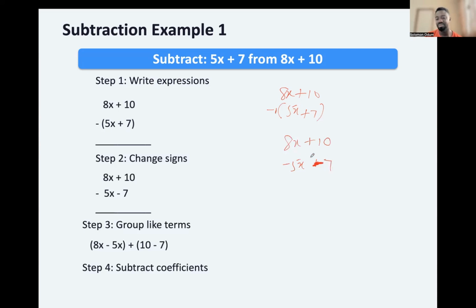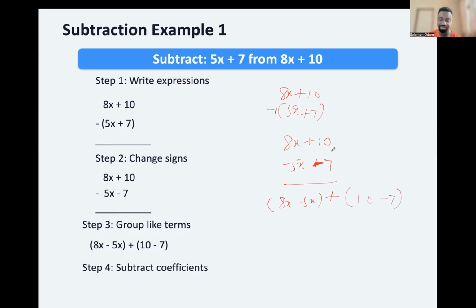So we get 8x plus 10 minus 5x minus 7. Now step 3, group like terms: 8x minus 5x, plus 10 minus 7.